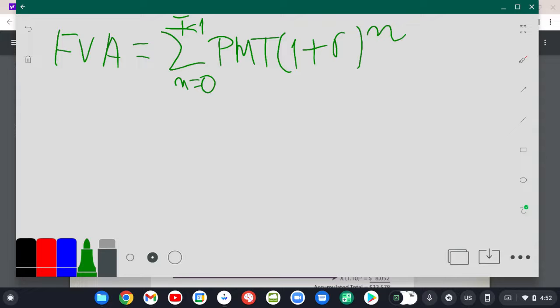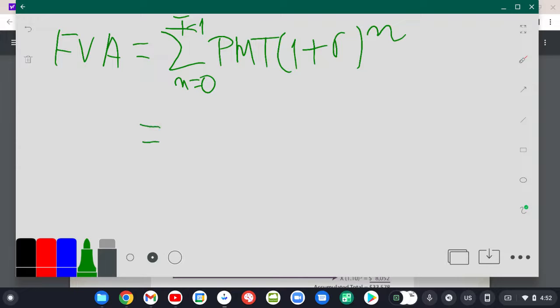When n is 0, 1, 2, 3, all the way to T minus 1, we have all 60 terms, T terms there. You might wonder, isn't it 59 terms because T minus 1 is 59? T minus 1 is 59, but we are also counting 0, when n is 0. 0 to 59, that's 60 terms.